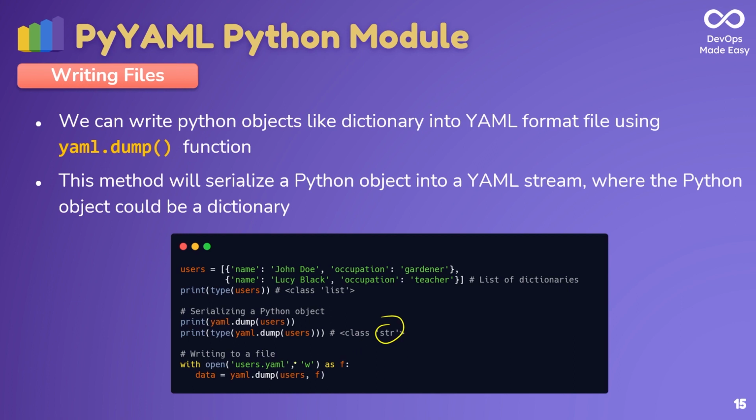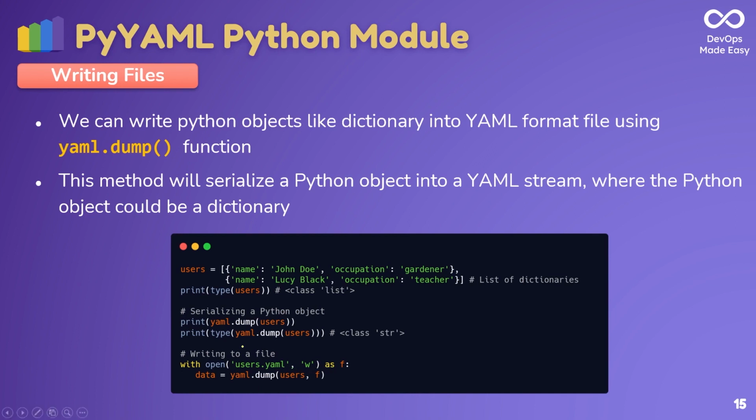Once you serialize any Python object, it becomes a YAML stream of data type str. Then you can use the with open function call to write that complete output of the YAML dump to a file. So here I'm writing that complete output to the users.yaml file.